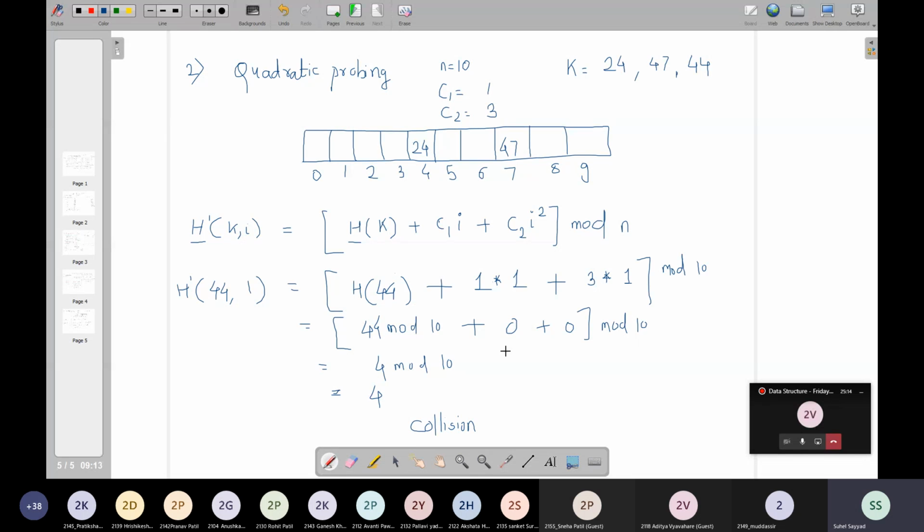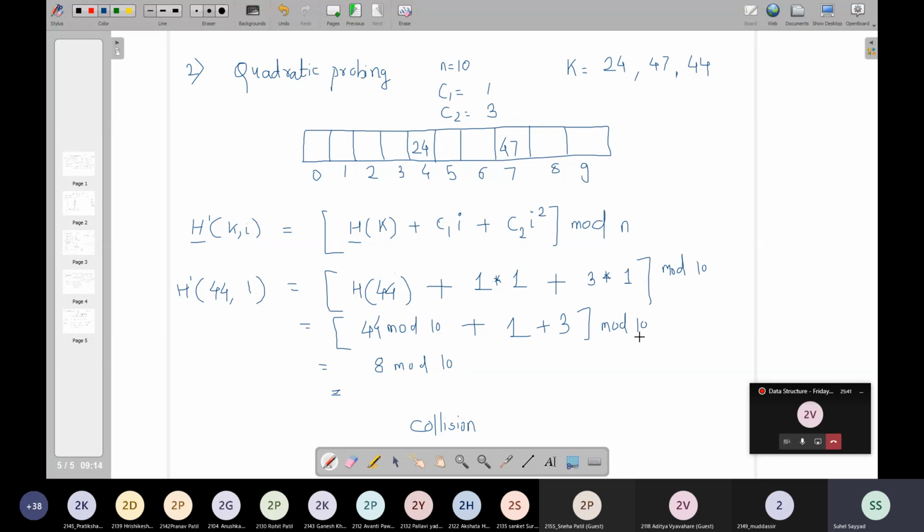So this will now come out to be 44 mod 10 plus 1 plus 3. Correct? This 1 multiplied by 1 will give you 1. 3 multiplied by 1 will give you 3. So finally this will be 44 mod 10, that is 4, plus 1 plus 3, that is coming out to be 8. So it will be 8 mod 10.